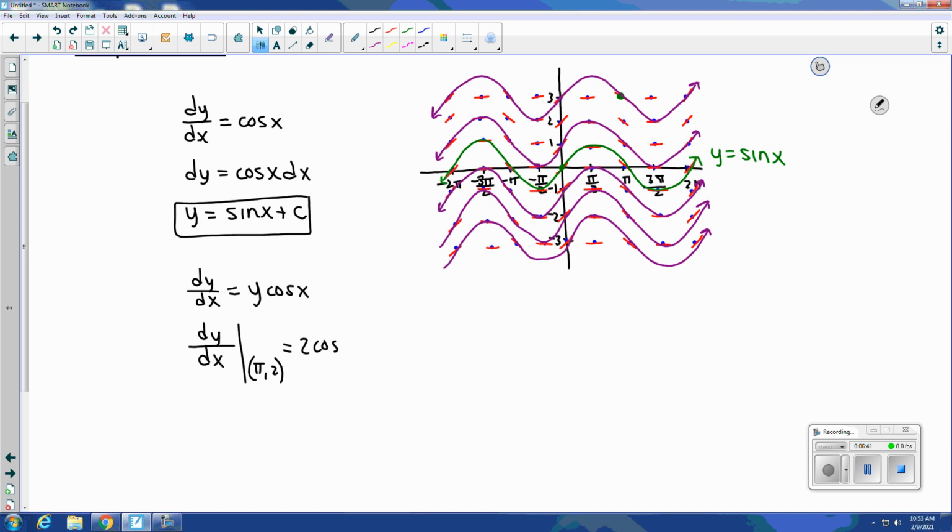So 2 times cosine of pi equals -1 times 2 equals -2. So when I was doing them originally, there was no y value in the differential equation, but just to show you an example of one that would have one, when we evaluate at a point to get the slope at that point, plug in the x-coordinate and plug in the y-coordinate. So don't forget to plug in that y-coordinate.